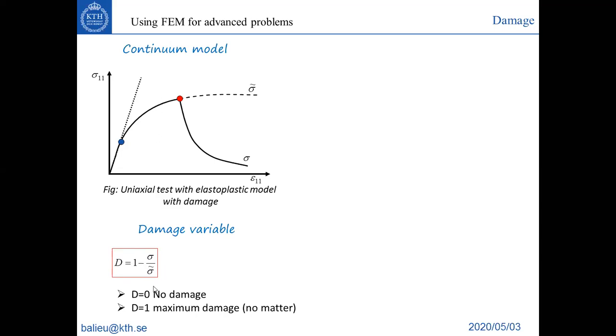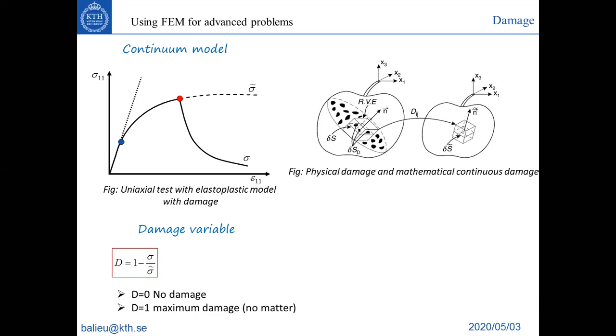When D is equal to 1, you have totally damaged the structure, so there is no more material. I will present why. This D variable is an indication of the integrity of your structure. If D is equal to 0, no damage. If D is equal to 1, your material is totally broken.